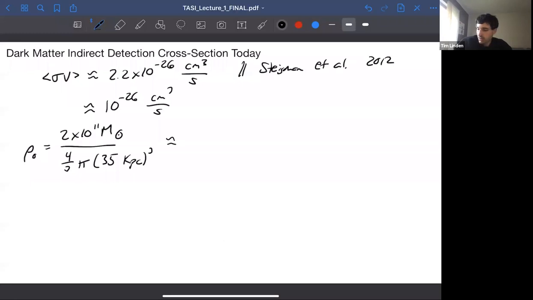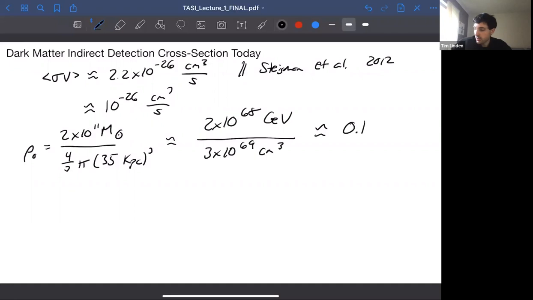This is around 2 times 10 to the 68 GeV divided by 3 times 10 to the 69 centimeters cubed. So it is around 0.1 GeV per cubic centimeter. And remember, our local density was 0.3 GeV per cubic centimeter.